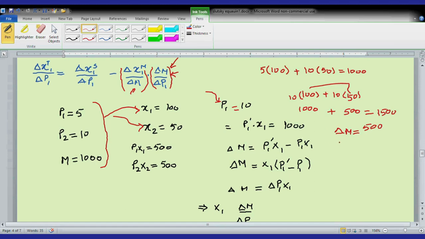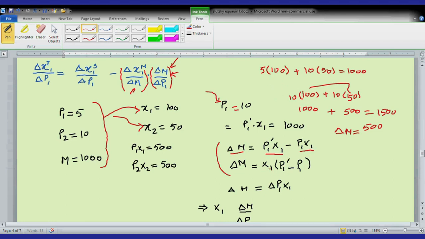We have written these same things in terms of equations to arrive at a general result. See that the change in income that is needed is equal to the expenditure with the new price of good 1 minus the expenditure with the old price of good 1. This is the same thing as 1000 minus 500 in this numerical example.